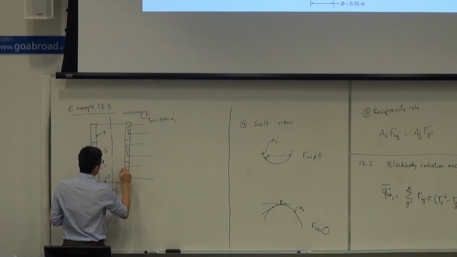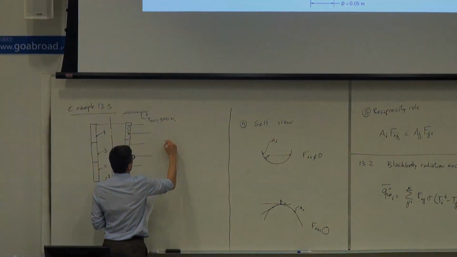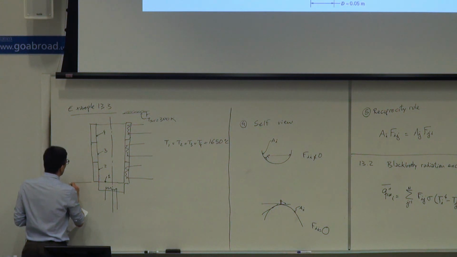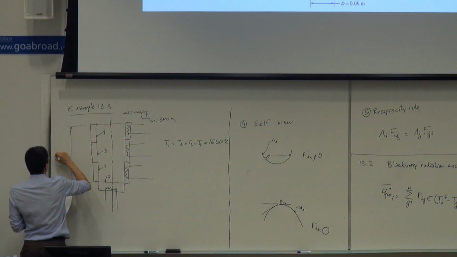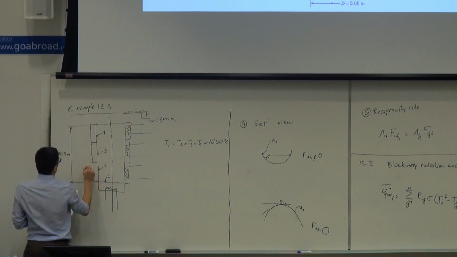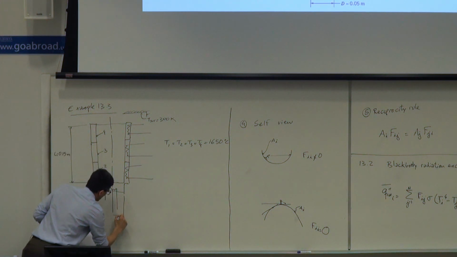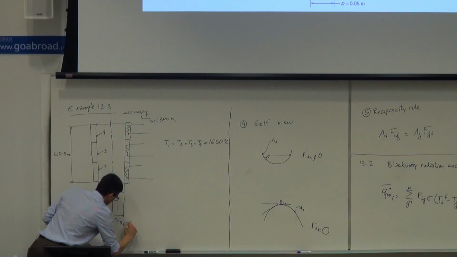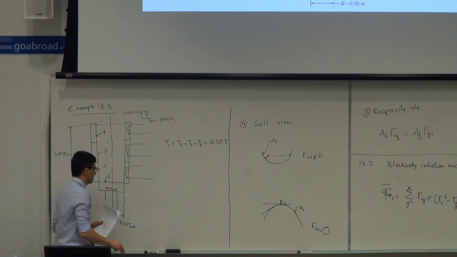All right, let's put some dimensions here. This is split in 3 equal parts, and here we have R equals. All right, so we can start working on it now.